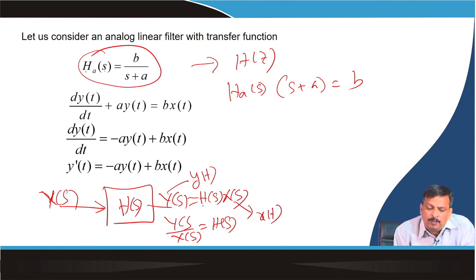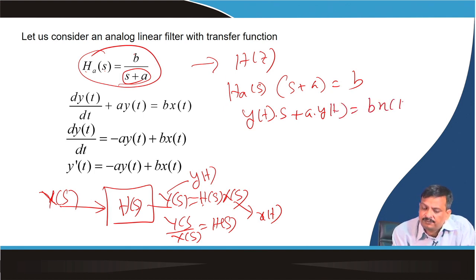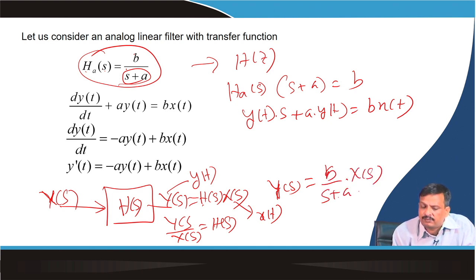H(s) is defined by B by S plus A. So I can easily write down S plus A into Y(s) is equal to B into X(s), because Y(s) is equal to B by S plus A into X(s). So this will be B into X(s).